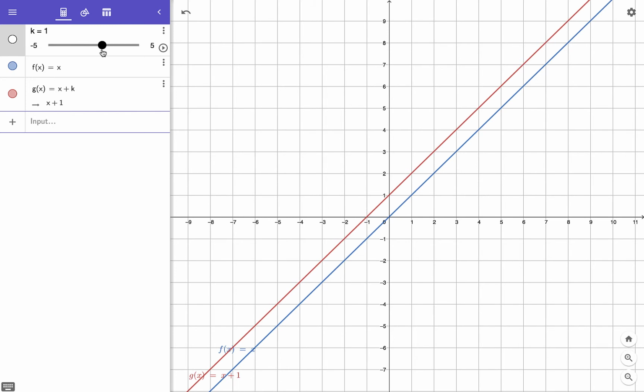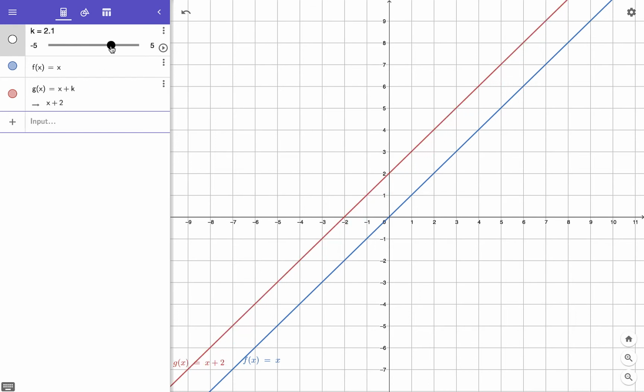This is y equals x plus 1. You can see here g of x equals x plus k, and k equals 1, so the function is g of x equals x plus 1, and so on.